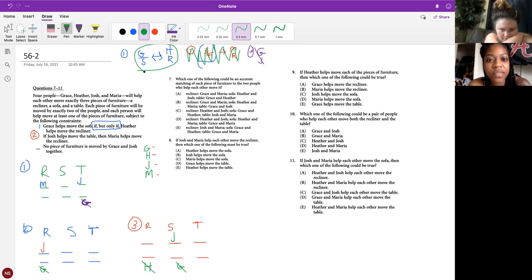Which one of the following could be an accurate matching of each piece of furniture to the 2 people who help each other move it? So we can go through each rule.